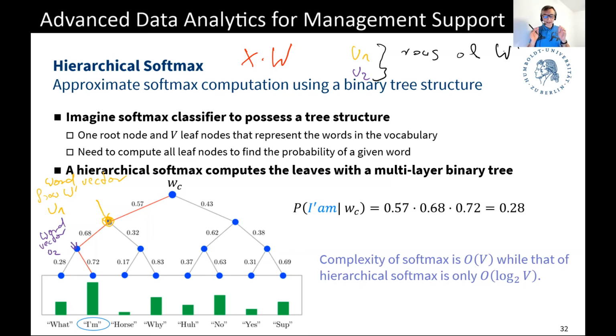And note that the structure of the tree is fixed, but these probabilities on the path change with every input word. So the picture you see here is true for input word WC, but if we input a different word, then the probabilities will change. That's important.